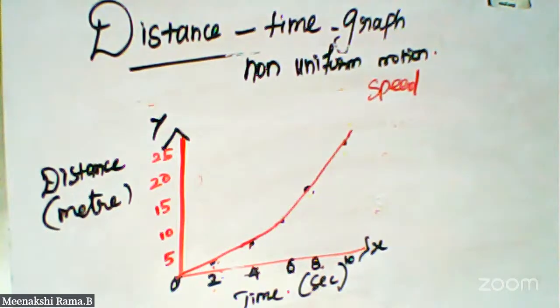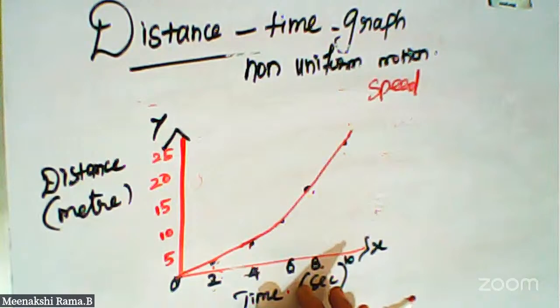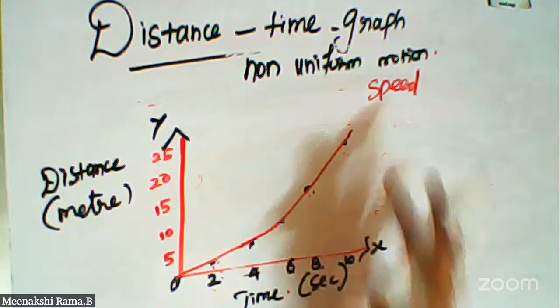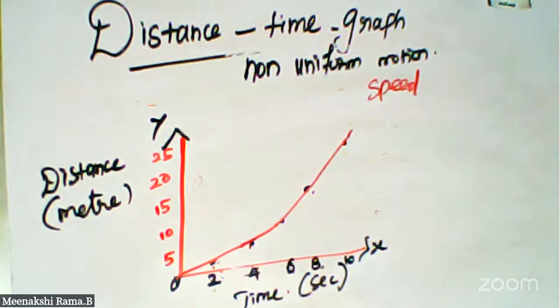Uniform means the person crosses the distance and the travel times are both equal. They maintain proper timing as well as distance. But here this person crosses the area at different speeds.